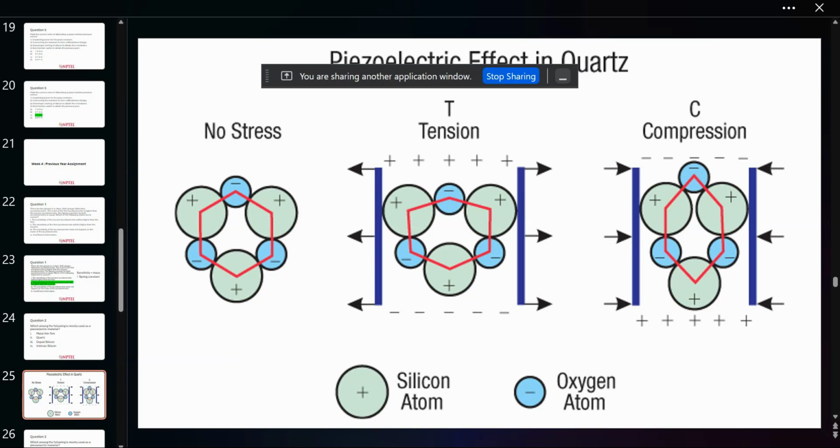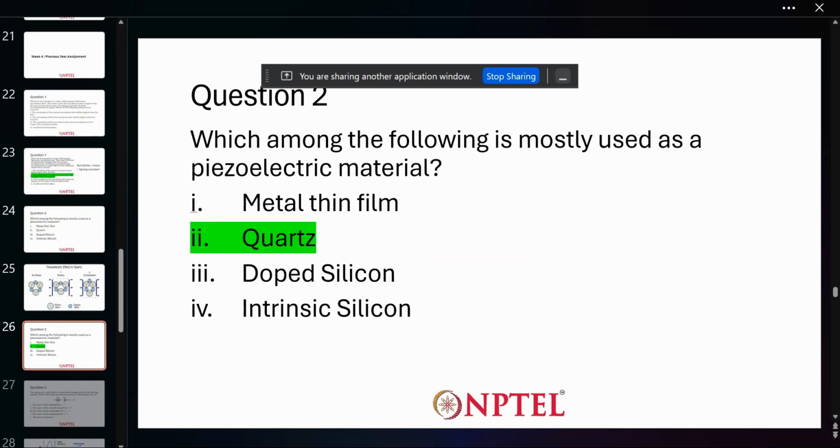So an FCC metal film will remain an FCC metal film whether under compression or tension. So that is why. The structures which don't have crystal structure integrity are basically called piezoelectric materials. So the answer here is quartz.